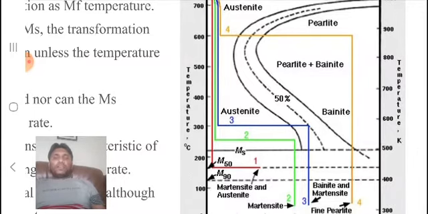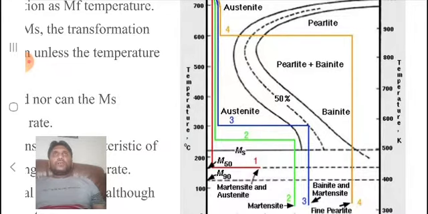If we heat a steel to above the ACM line, hypereutectoid steel above the ACM line, and we directly bring it to a temperature of 300 degrees centigrade and hold it there until this blue line crosses the last line, that is the right curve, that means bainite is formed.